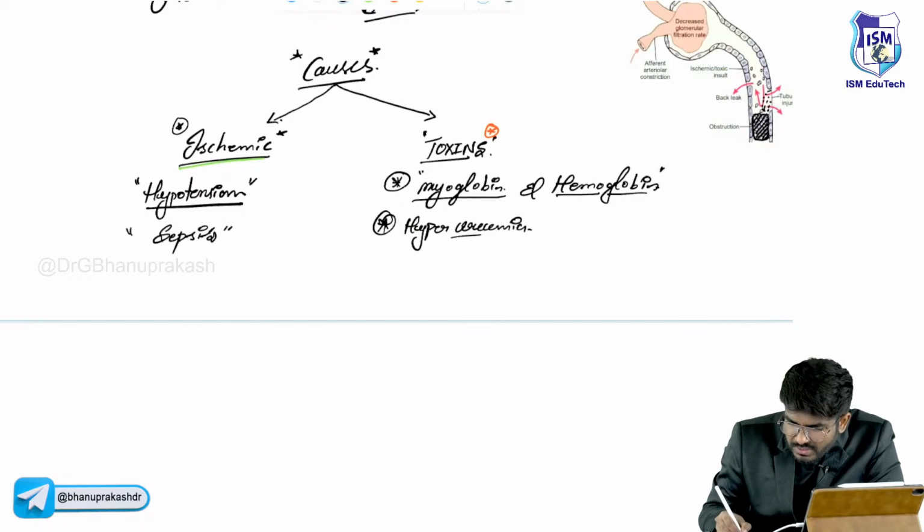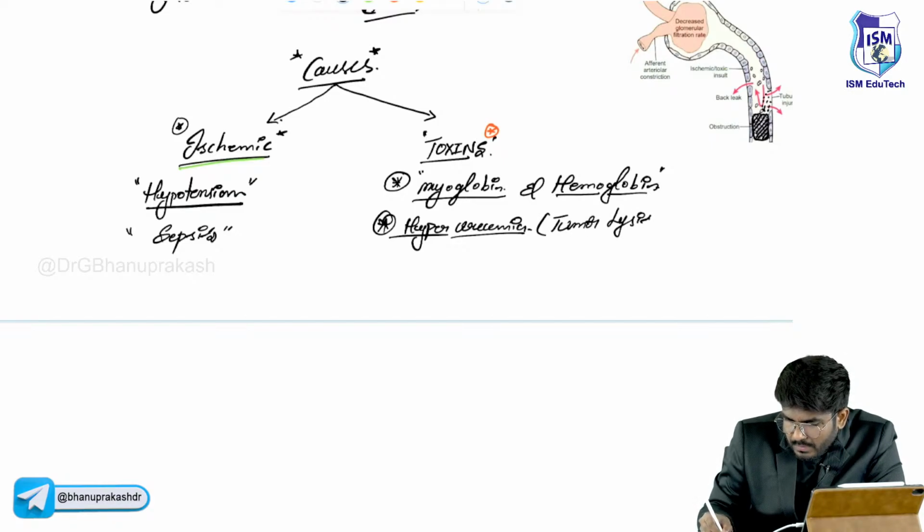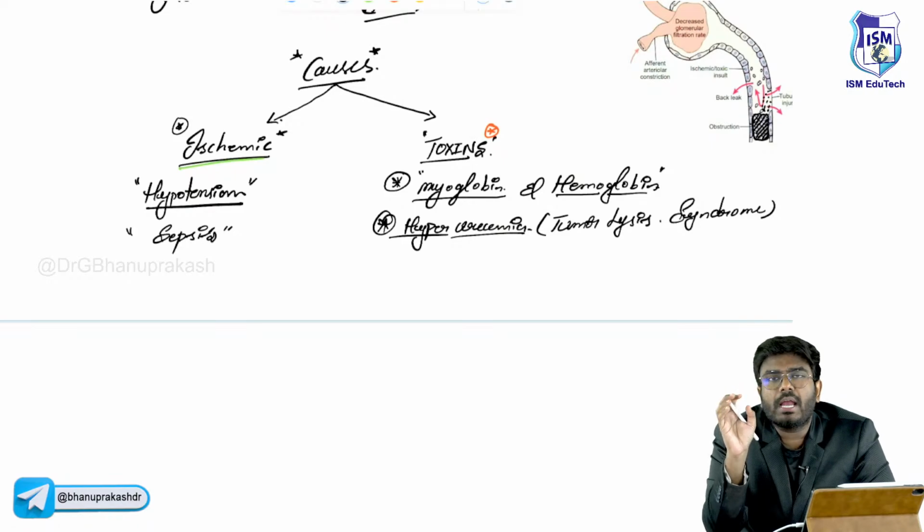Hyperuricemia can occur maybe because of tumor lysis syndrome. Imagine there is a tumor, might be a cancer, and with anti-cancer drugs you are killing the tumor.